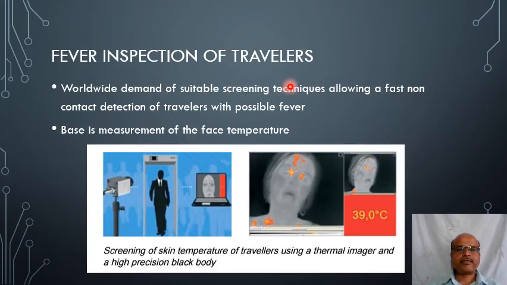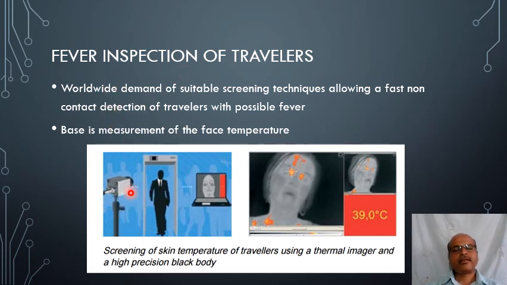Fever inspection of travelers: worldwide there is demand for a suitable screening technique allowing fast non-contact detection of travelers with possible fever. The basis is a measurement of face temperature. This type of technique is used in today's life. It is a very important function for fever inspection.